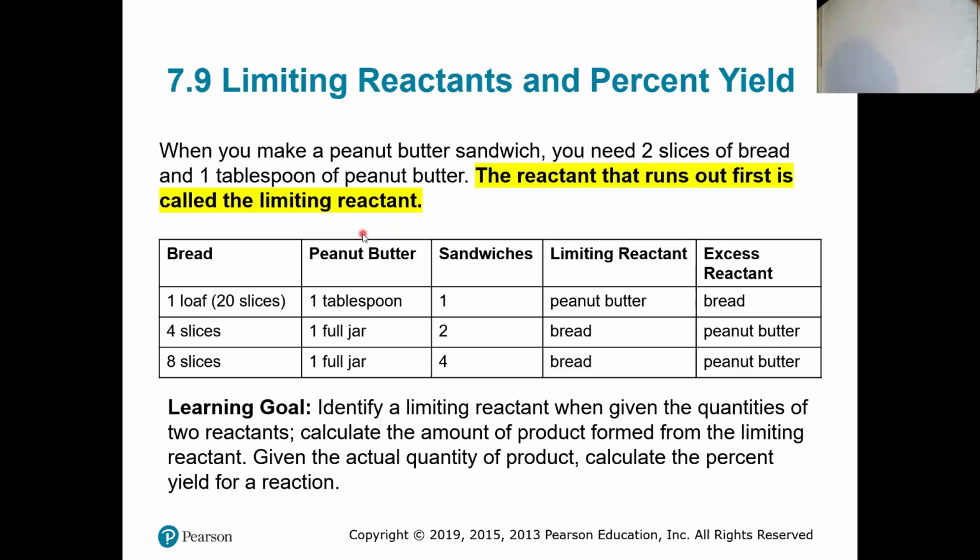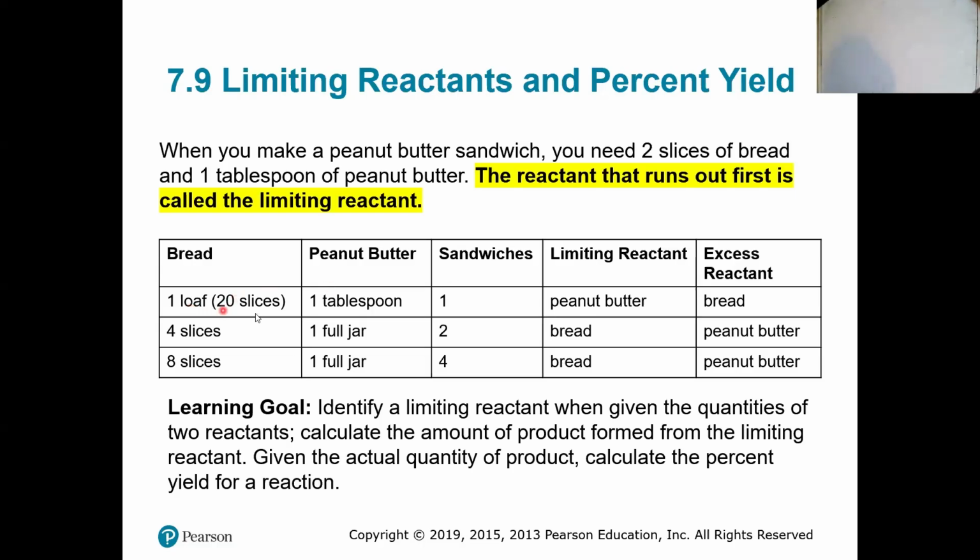Let's say that we have a certain amount of bread and peanut butter available to us. And let's say that for every sandwich that we make, we are going to require 2 pieces of bread and 1 tablespoon of peanut butter.